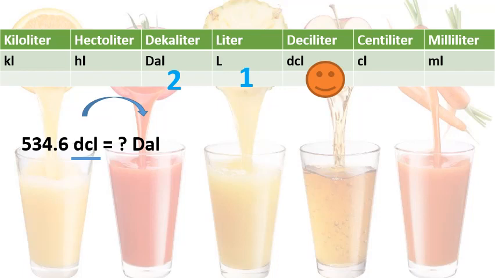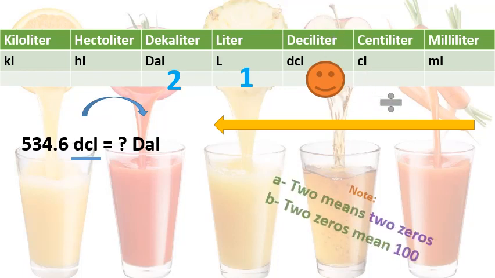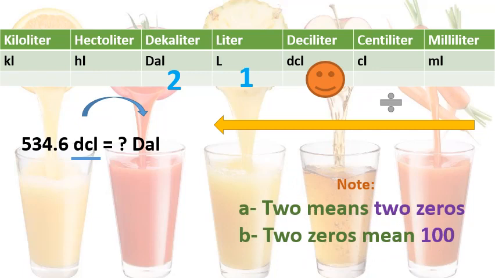Now, we said 2 means 2 zeros. Now, how are we going in this table? We're going to the left. It means what are we supposed to do? It means we have to divide. So 2 means 2 zeros and 2 zeros mean 100. So we're going to divide by 100.